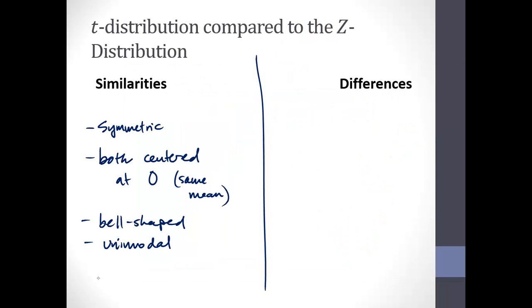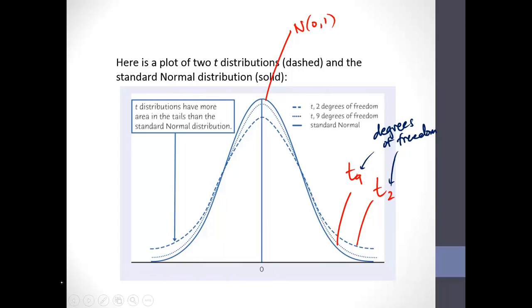So the difference is that the t distribution has something we'll call heavier tails. This just means that if you get out into the tails of the distribution, as you move further away from 0, these things are higher up than the standard normal distribution is.